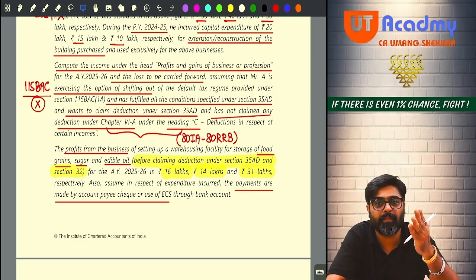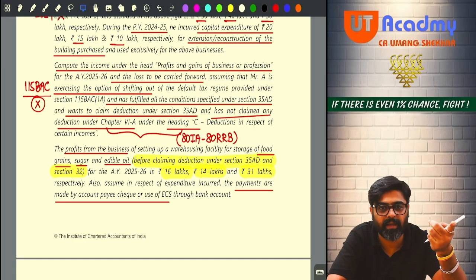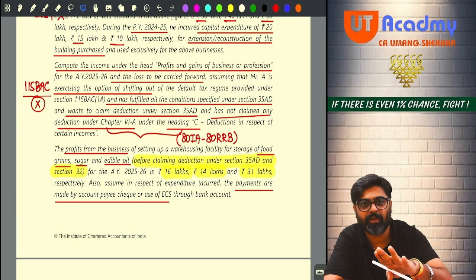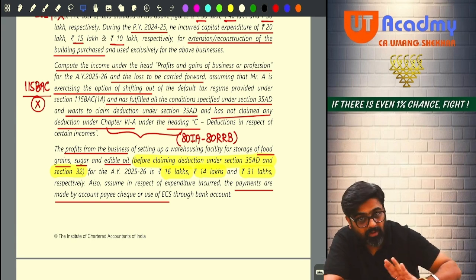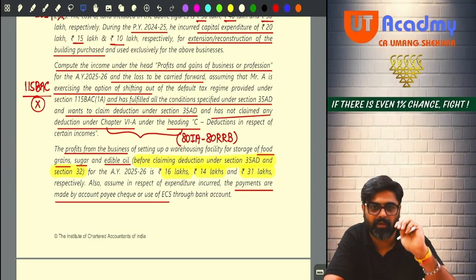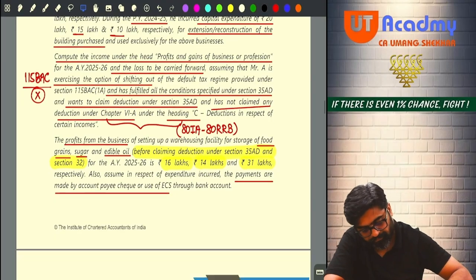So he is not claiming these deductions also. If you are claiming 10AA, or if you are claiming 80IA to 80RRB, you cannot claim 35AD. But in this question they are saying that he is claiming 35AD and he is not claiming 10AA or 80IA to 80RRB. Okay? And all the other conditions of section 35AD are fulfilled.